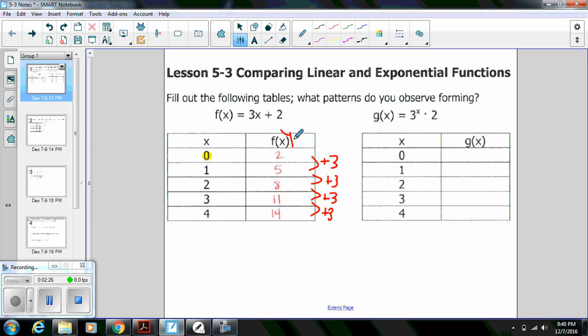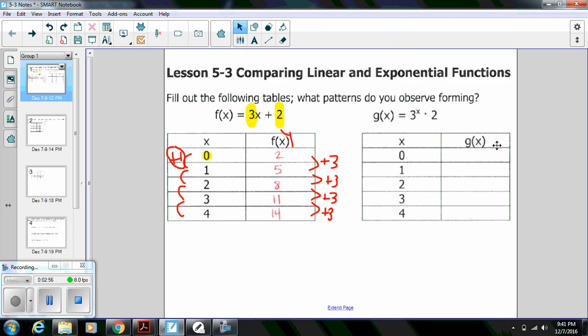So we have a constant rate of change in our y values. And if we look in our x values, we have a constant rate of change. In our x values, we are adding 1 every single time. All right. So what I also notice is if we take a look at the formula, there's the slope and our y-intercept. So those are some things that we can identify with the information we already know.